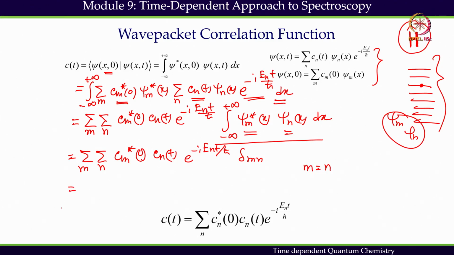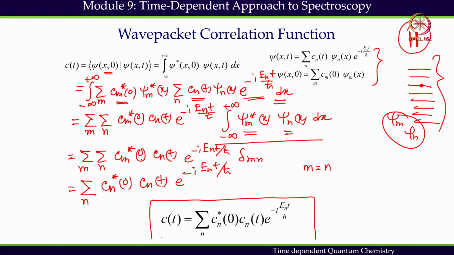So the only terms which will exist in the end in this summation are those where m equals n, which means I have this summation remaining: Cn star 0, then Cn t, then e to the power minus i En t by h cut. This is what we have remaining. So finally, this is another form of the time correlation function which we get.